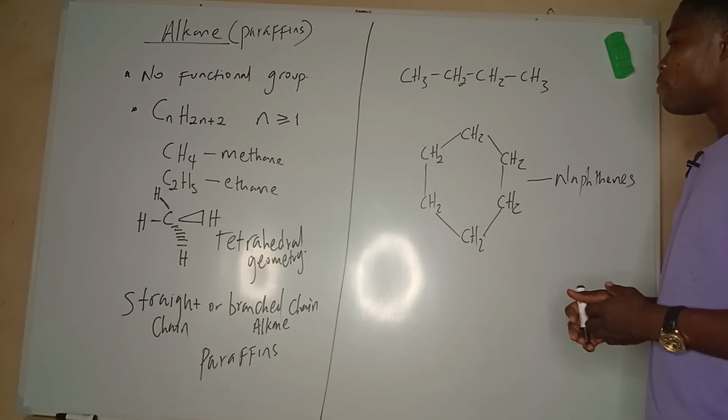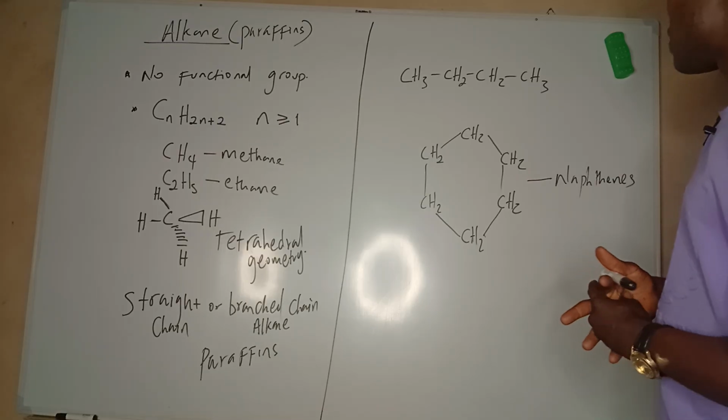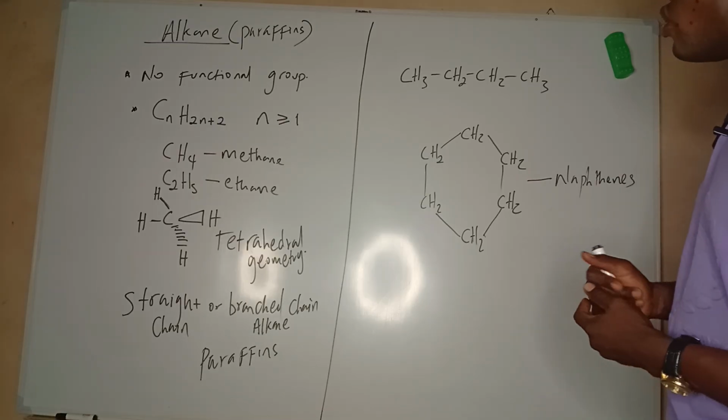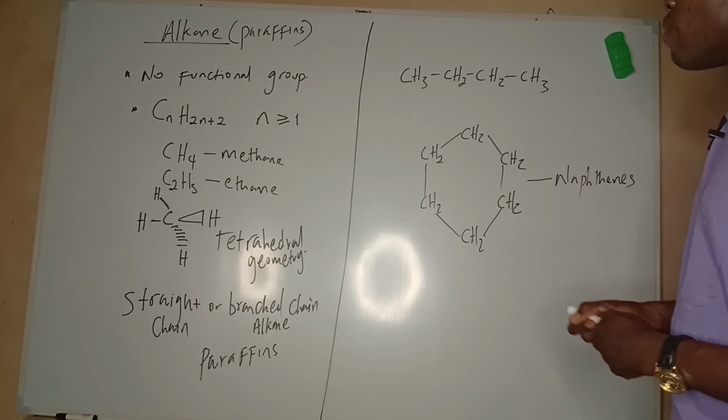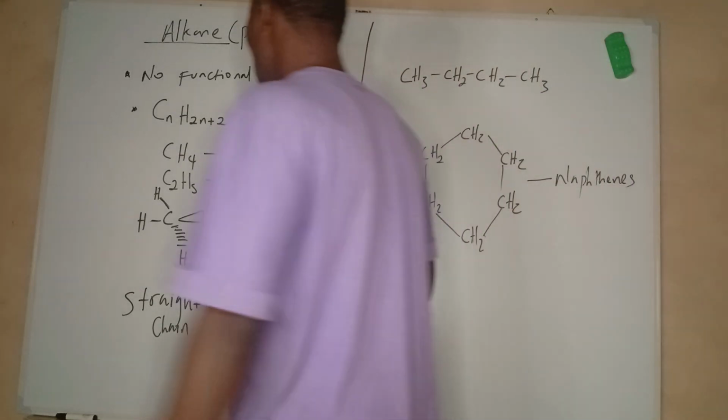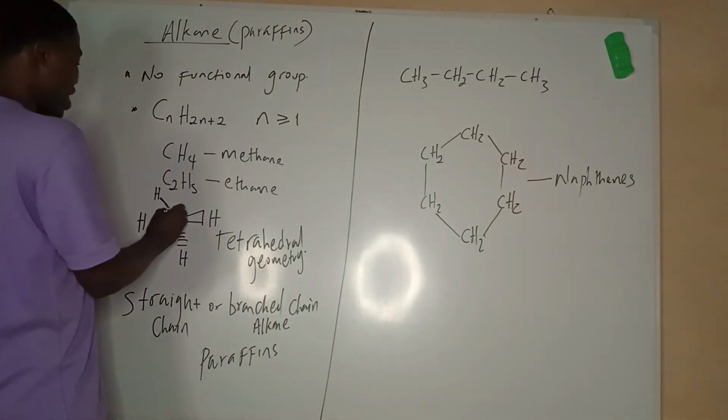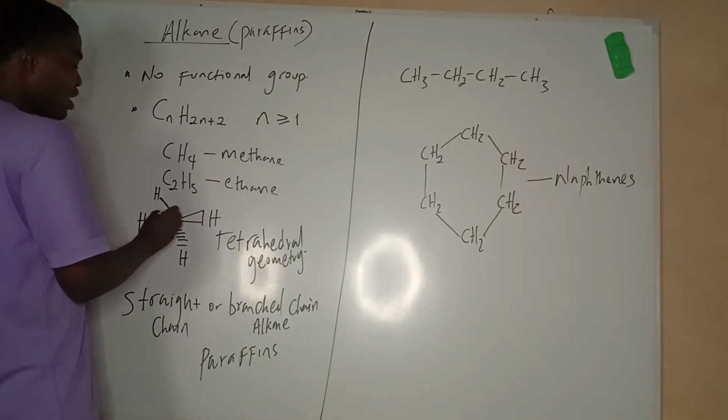Now, alkanes also have a lot of characteristics. Remember each carbon is tetrahedral in geometry. That means the way the atoms are coordinated around it is in a tetrahedral manner, and there's what we call a bond angle.